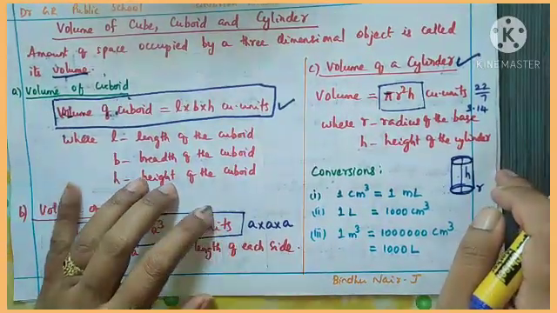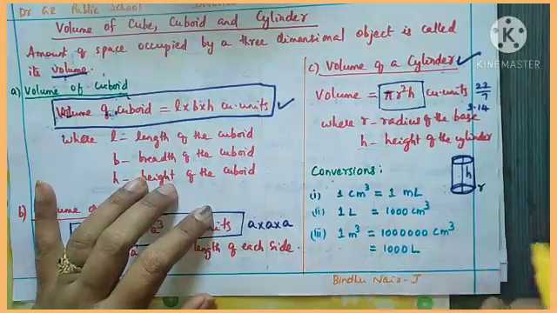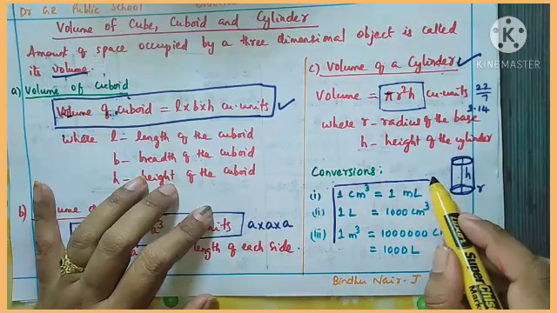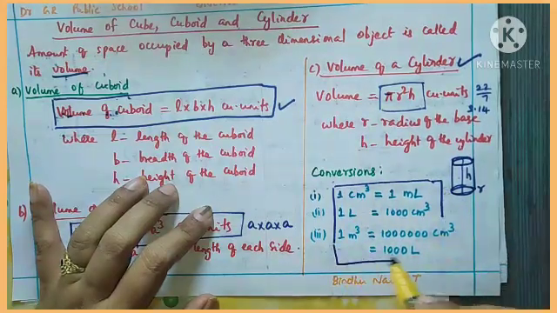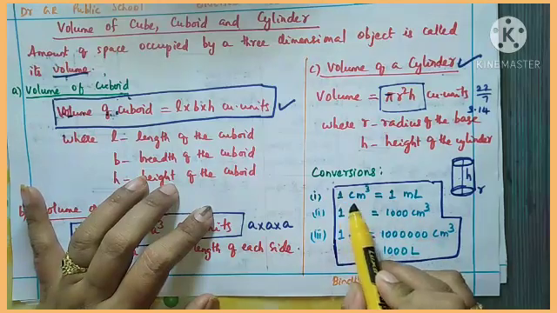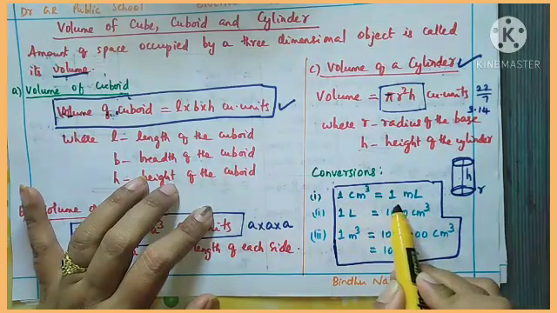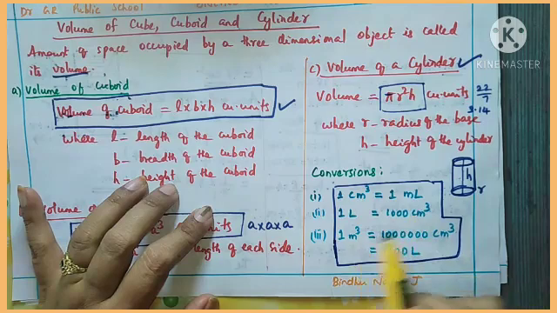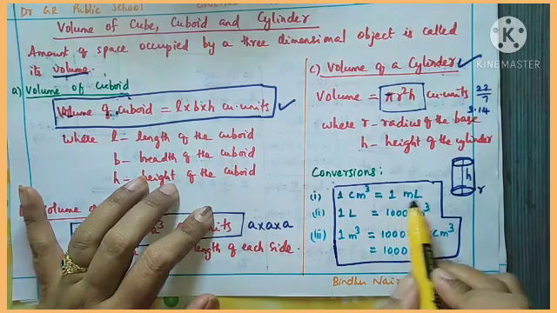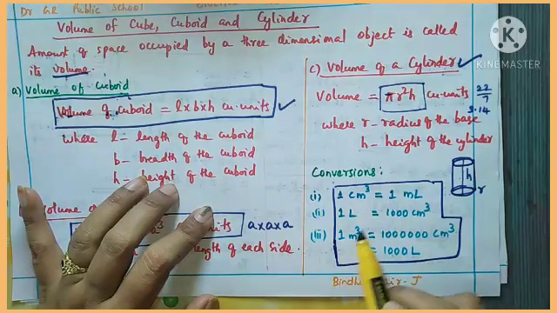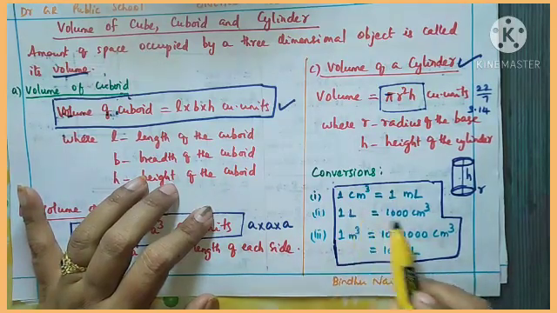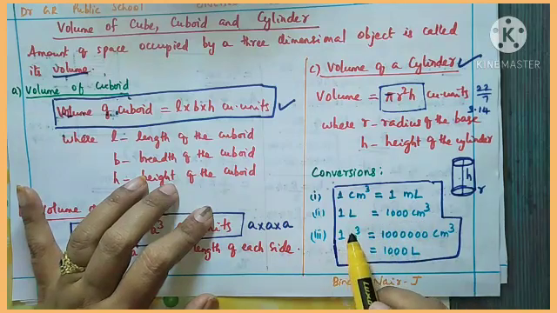And before going to the problem, here we want to apply some of the conversion formula also that you might have learned in previous classes. That is 1 centimeter cube is equal to 1 milliliter. Okay, you know 1 milliliter is a small unit, that is equal to 1 centimeter cube, and when we convert this into liter, 1000 centimeter cube is 1 liter.